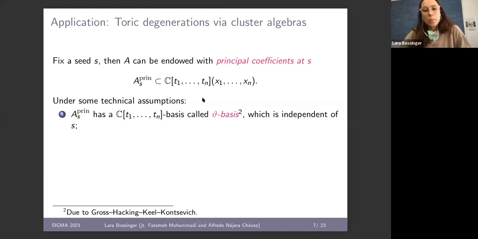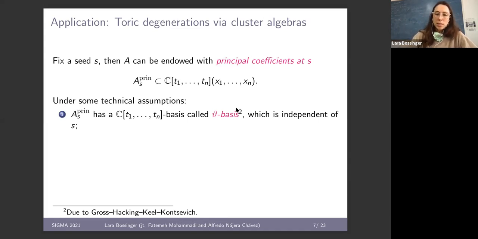And under some extra assumptions that were all satisfied for the Grassmannians, this cluster algebra with principal coefficients at a given seed is a free ℂ[t1,...,tn]-algebra, and it has a specific basis called the theta basis that was introduced and studied by Gross, Hacking, Keel, and Kontsevich.